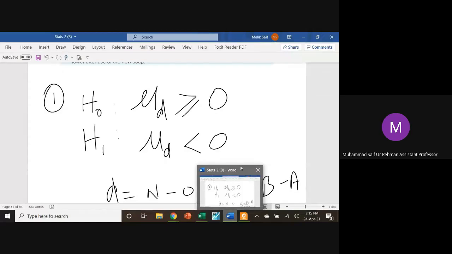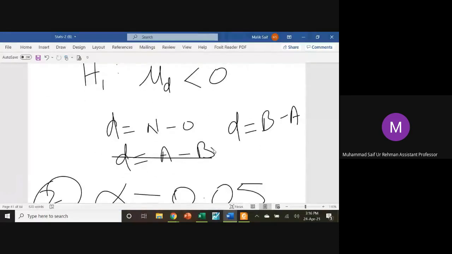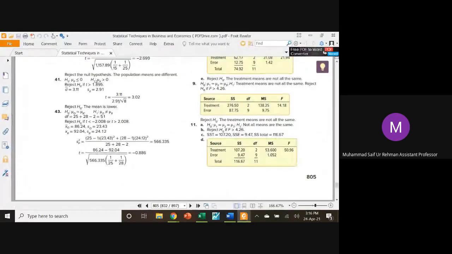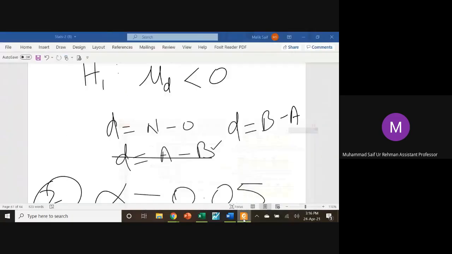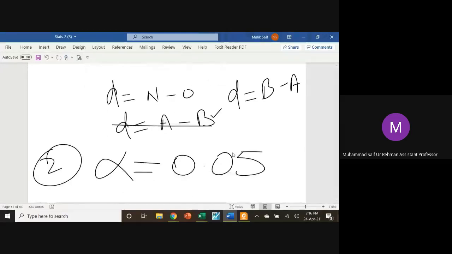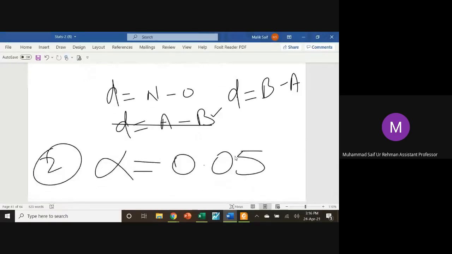It's upon you. You may take any strategy, but in both cases, what will be the result? The rejection will be there. If you are going to use this strategy, then it will be greater than. And if you are going to use this strategy, then it will be less than. So in both cases, the result will be same.